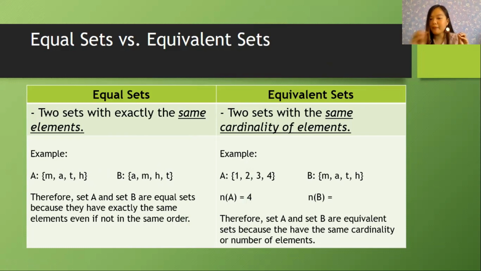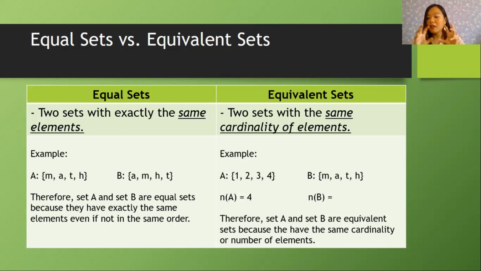As long as they have the M, the A, the T, and the H, they are considered as equal sets. Next one is the equivalent sets. These sets are the sets with the same cardinality of elements. What do you mean when we say cardinality?